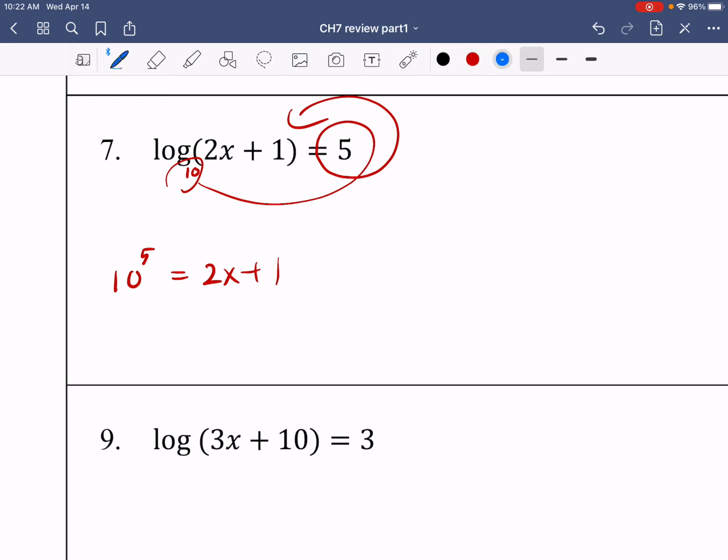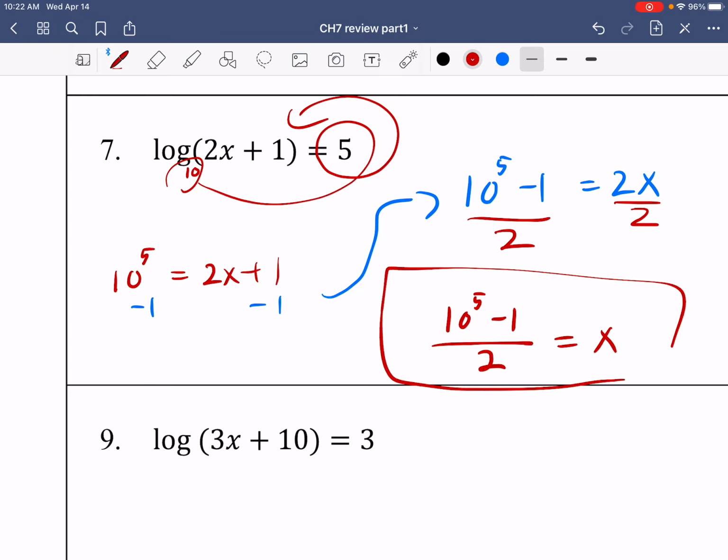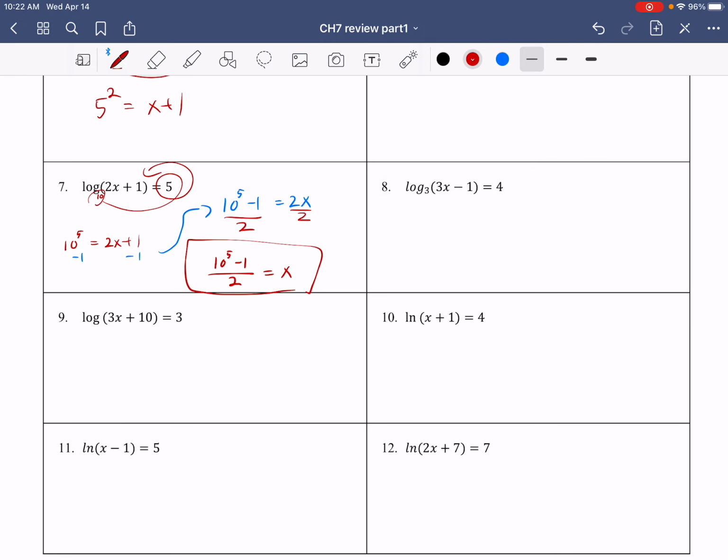I will just leave it like that, and do minus 1 on both sides. So it's 10 to the 5th power minus 1 equals 2x, and divide by 2 on both sides. So you will get 10 to the 5th power minus 1 over 2 equals x. Because you're going to get ugly fractions, I'm just going to leave it like that, okay?